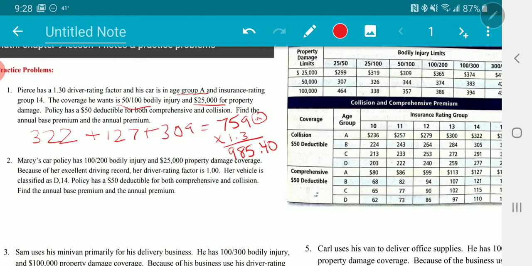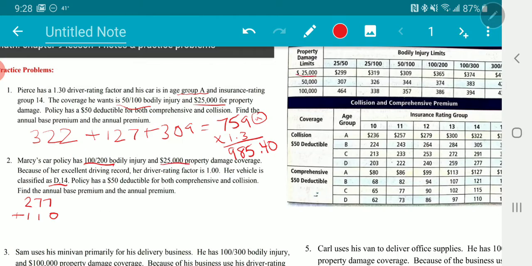Number 2 is going to be the same process. So again, I like starting with my group. So D14, my two deductibles are going to come to $277 plus my next deductible, which is $110, and those came from that D14. Then I would look at the 100/200 bodily injury for 25,000 property.